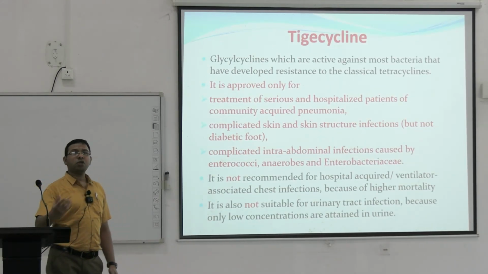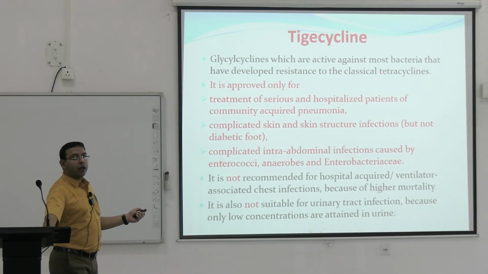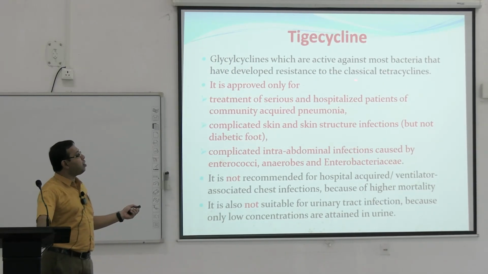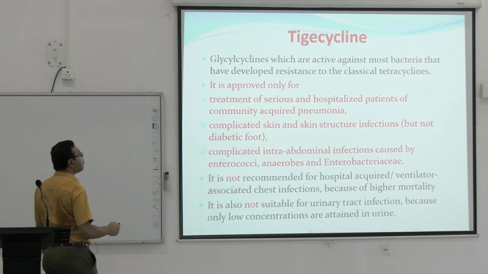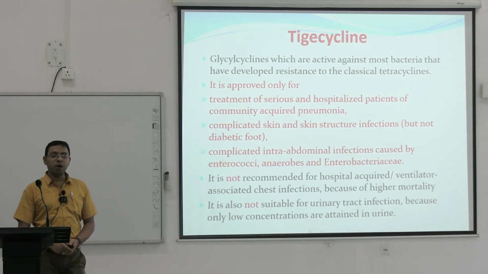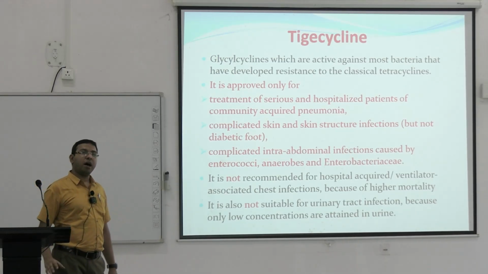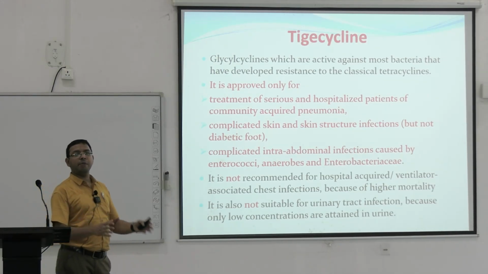Tigecycline is the newest one. Basically, it is a glycylcycline which is active against most bacteria that have developed resistance to the classical tetracyclines. Mainly these are active for hospital acquired pneumonia. This is a very latest drug which can be used in serious infections in hospital admitted patients.